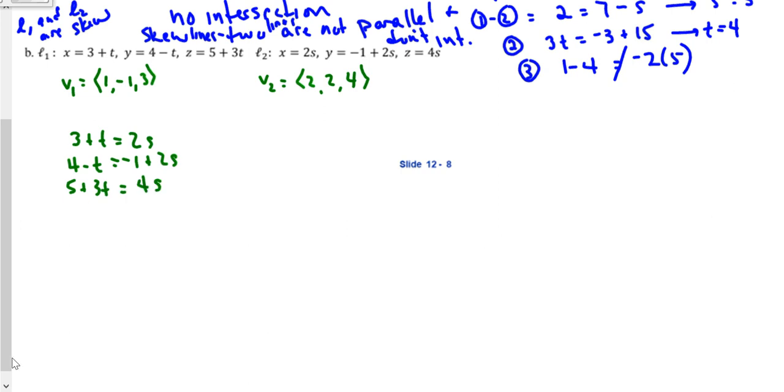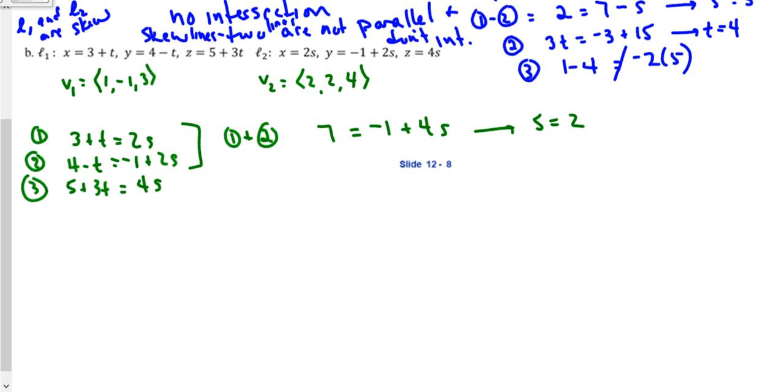Okay, so now let's see if I take equations 1 and 2 and add them. Equation 1 plus equation 2, call this one 1, 2, 3. Adding those two equations, I get that 7 has to equal negative 1 plus 4s. So that means that s is going to equal 2.